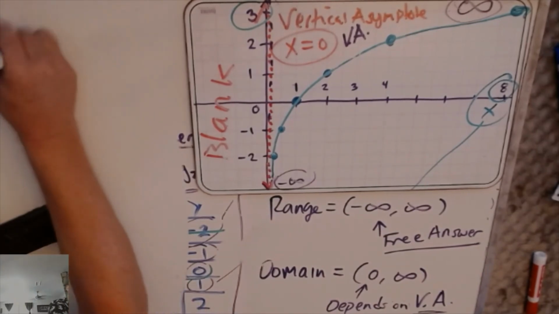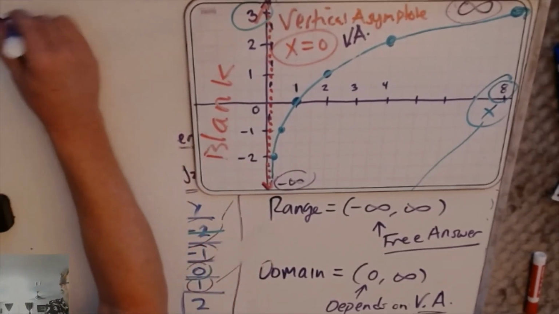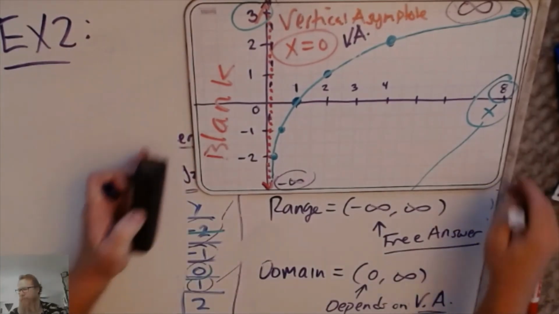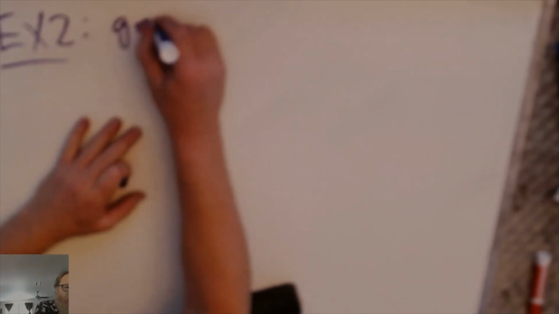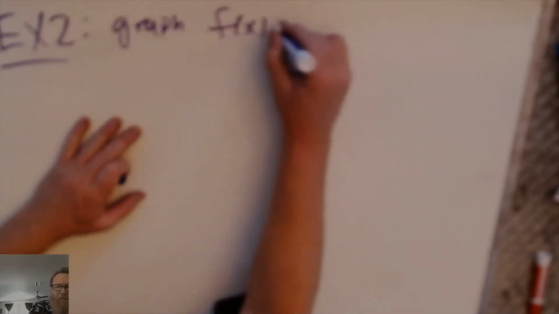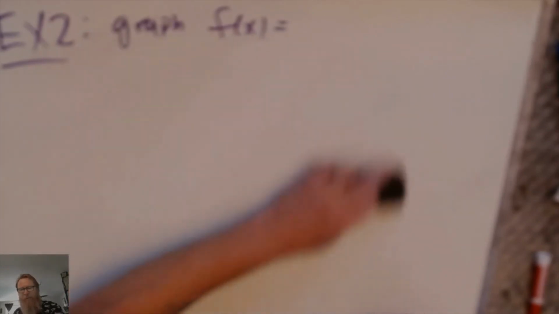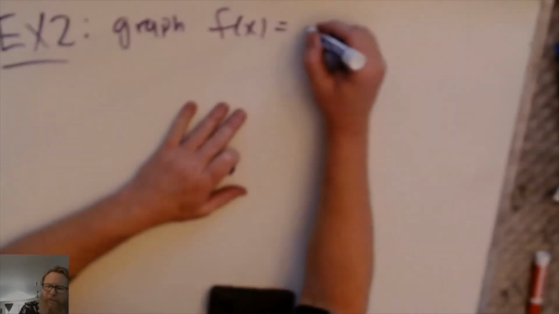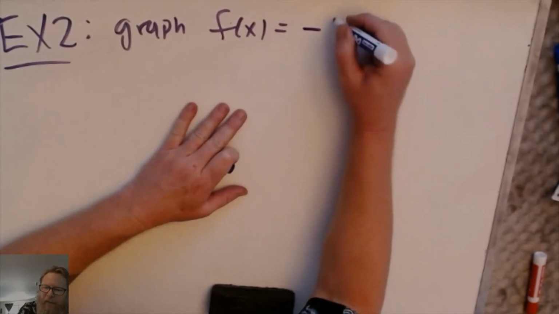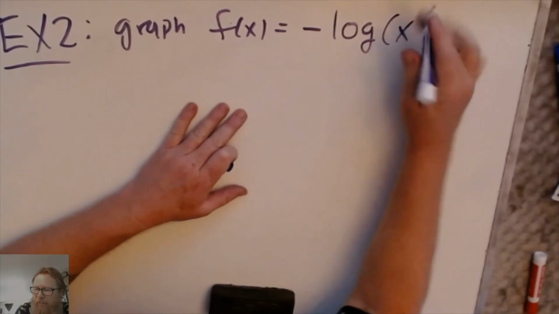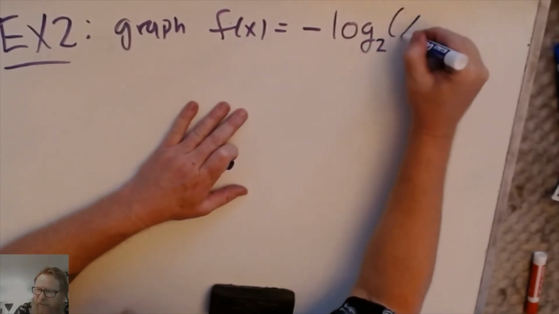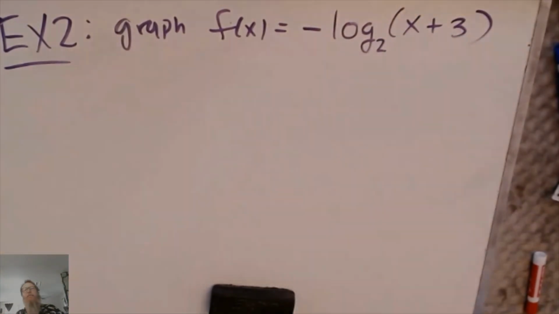So we'll go with example 2. Graph f of x equals negative log, I got to give it a base, 2 of x plus 3.